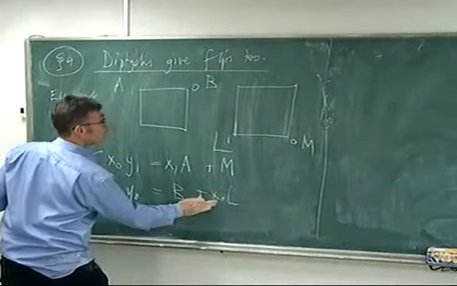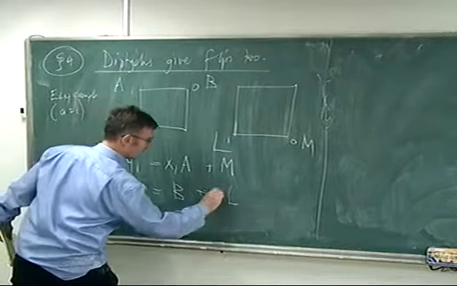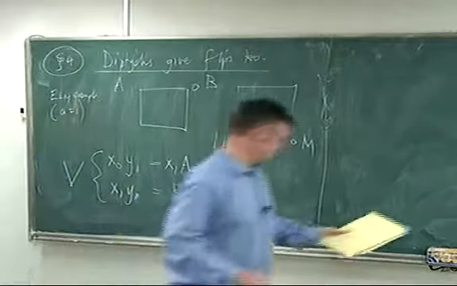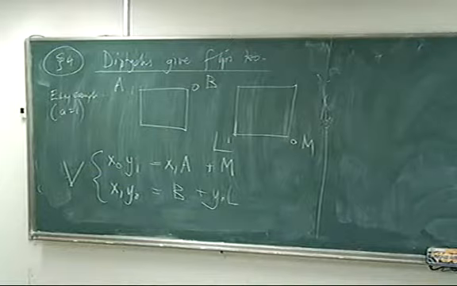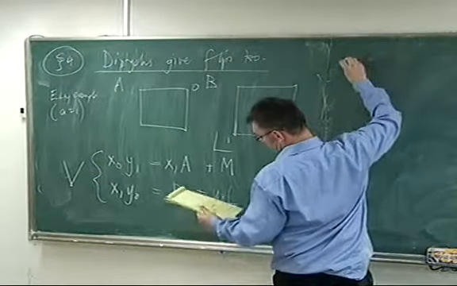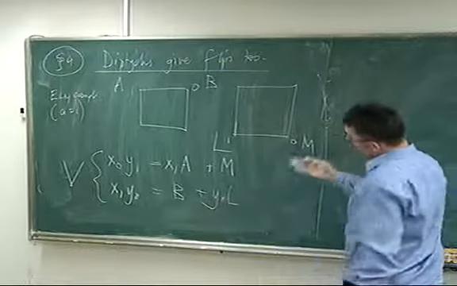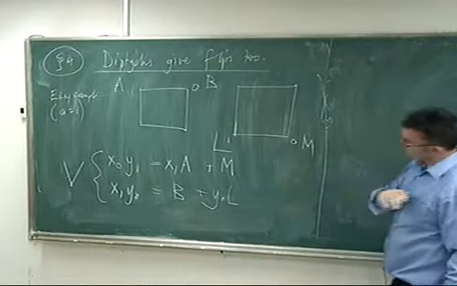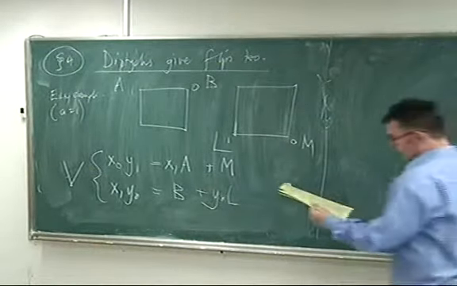Okay, so I say that this is some variety. Again, I'll put the C star action on it and take the quotients, and that will give a flip.